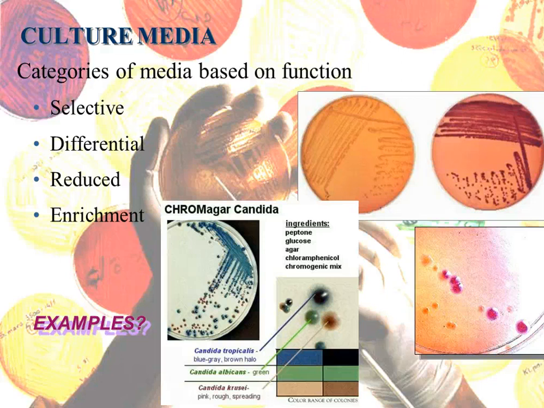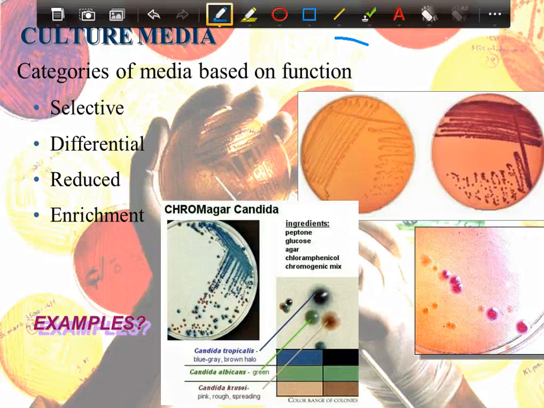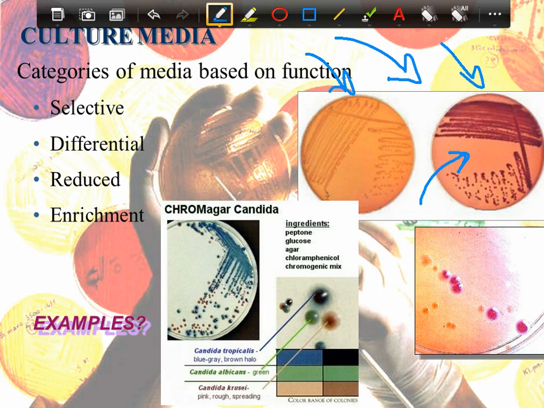Okay, that leaves us with differential. In a differential medium, something's been added to the medium, usually some nutrient and a pH indicator, that causes a change in the medium, in that the colonies will turn different colors depending on what they're doing. So if you look at the picture right here, this is MacConkey agar. Both of these are MacConkey agar, but this has E. coli growing on it, and this has Salmonella growing on it.